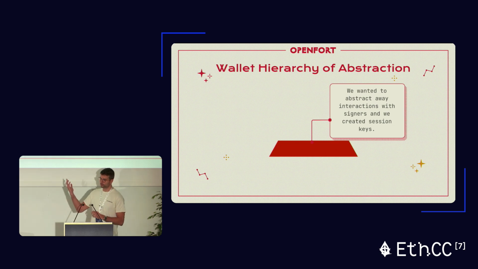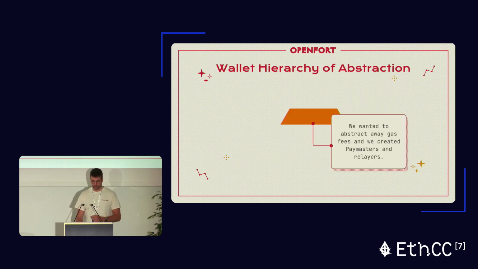Then we also abstracted the way that we interact with these chains and wallets directly, with things like session keys, where you have temporary, scoped permissions for the game or application to interact with the smart contracts directly. Then we also wanted to abstract the gas fees. Why the hell do I need to send native tokens to those wallets that I just created to start interacting with the smart contracts?